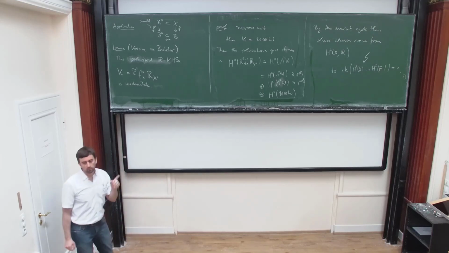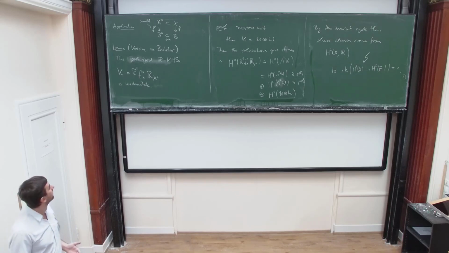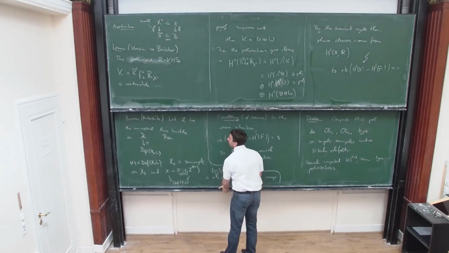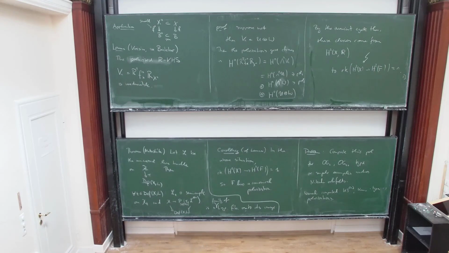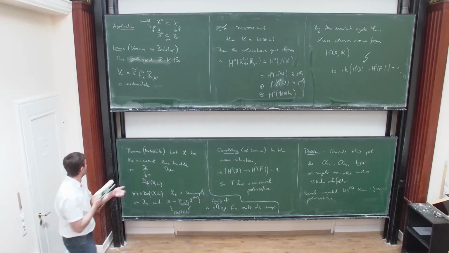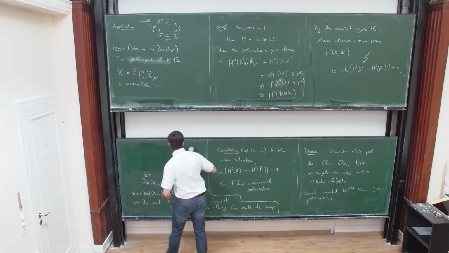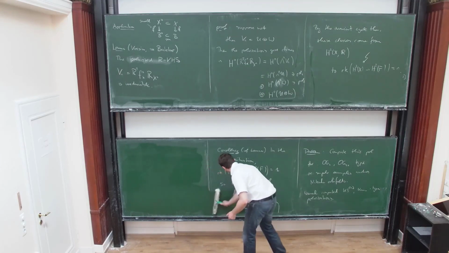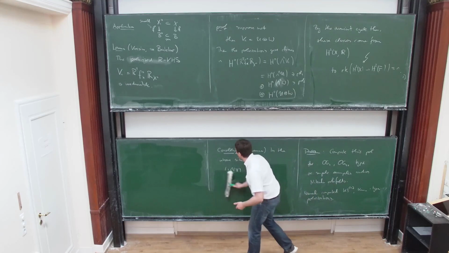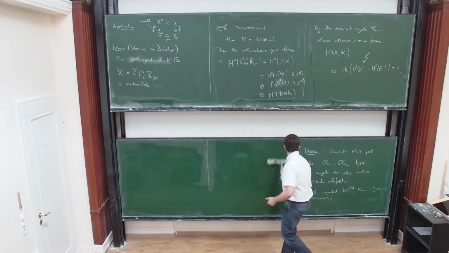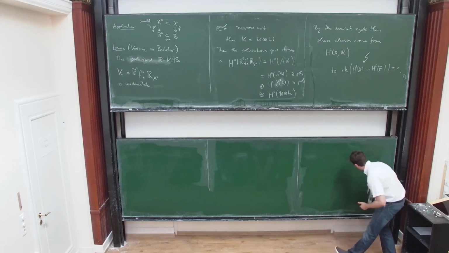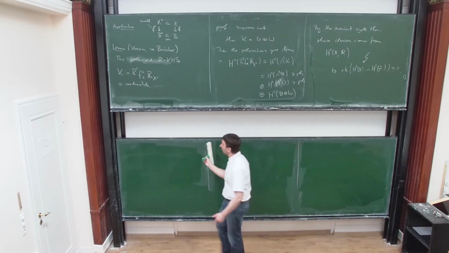So that's a local system with fiber the cohomology with real coefficients. Does it matter whether you use real coefficients and not another field?